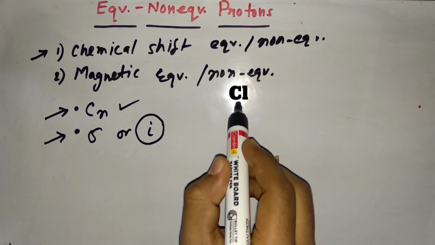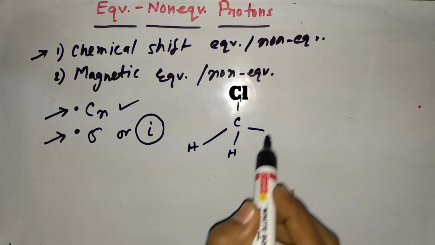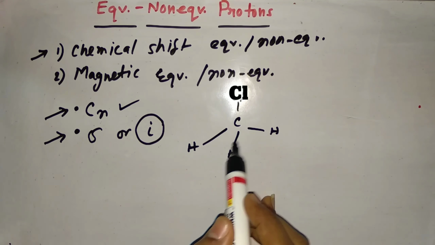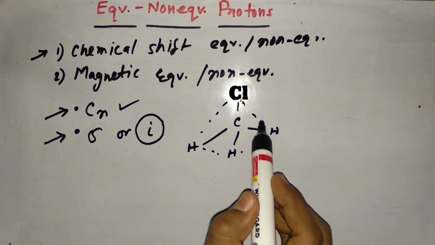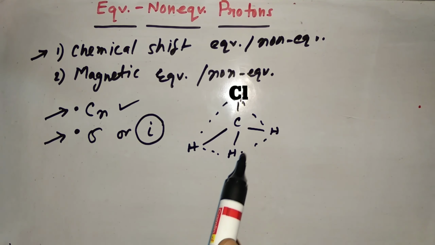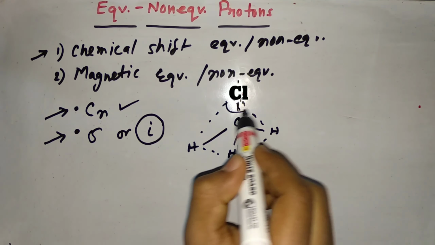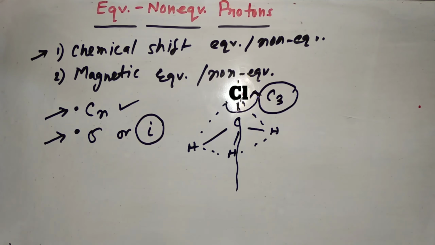Say this is the example. You know this is a tetrahedral structure. This bond actually will be below, or this will be above like this, but I am drawing it like this. Because it has a tetrahedral structure, if we apply a C3 axis of symmetry over here, then we will get the same structure.